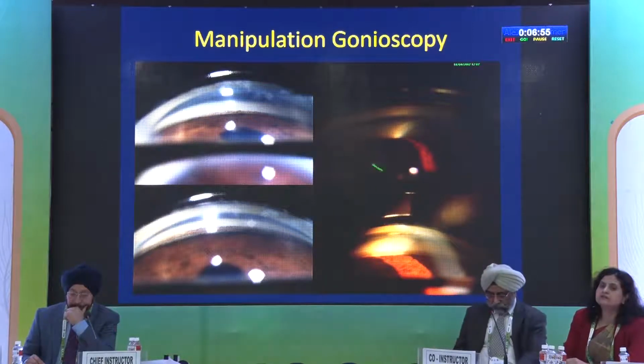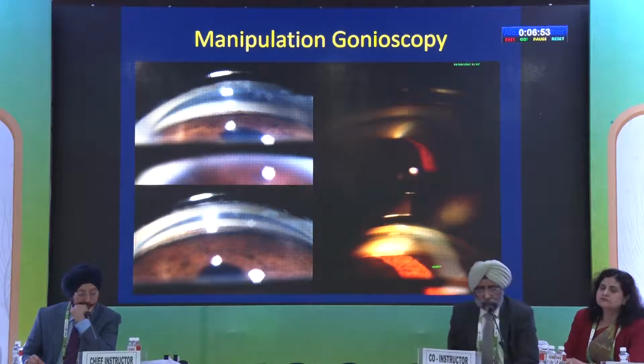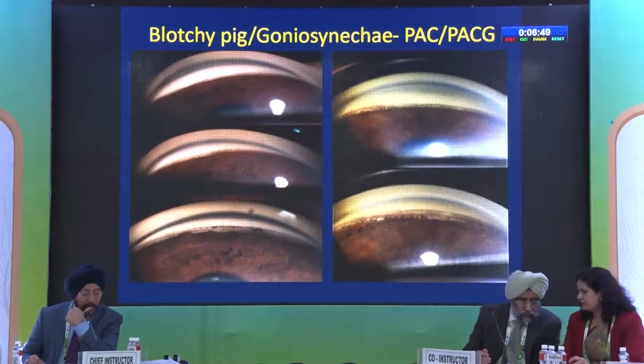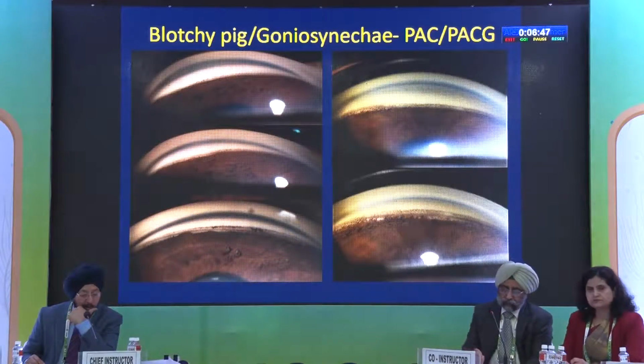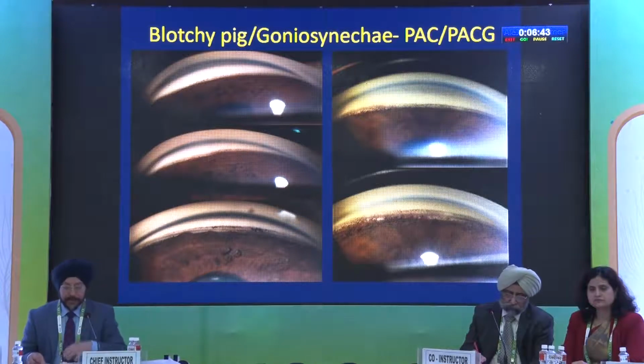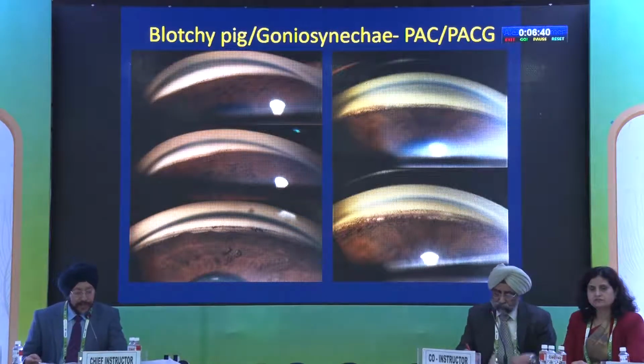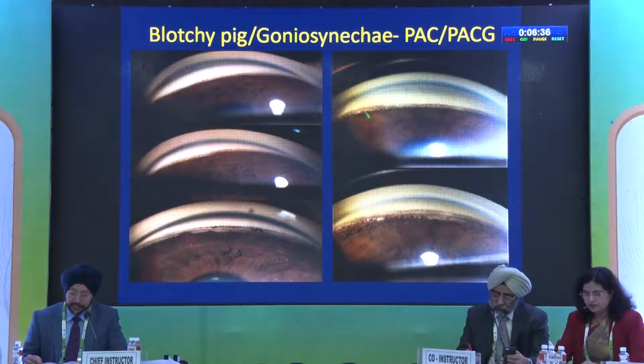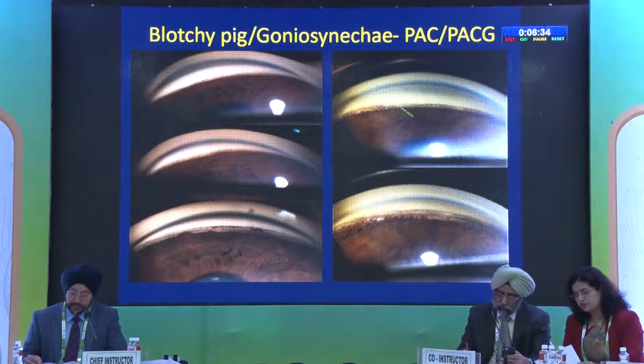Also, you can sometimes, when you broaden the beam of light, broadening of the beam of light itself can cause opening of the angle. Additionally, when you do manipulation gonioscopy in patients where the angle structures are not visible in primary gaze, you might be able to see some other abnormalities. For example, you might be able to see some blotchy pigments in the angle.